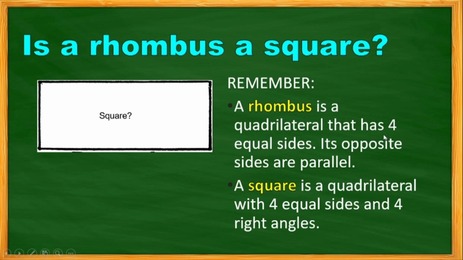The rhombus has 4 equal sides, and its opposite sides are parallel. But take note, the square is formed by 4 right angles. Is the rhombus formed by 4 right angles? No. So it's a no.